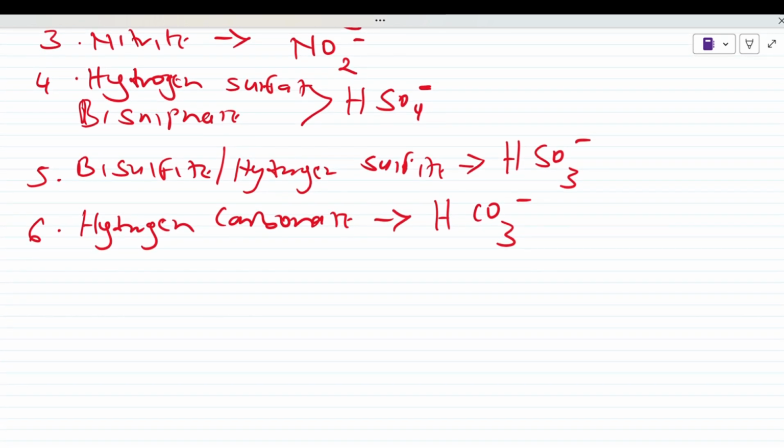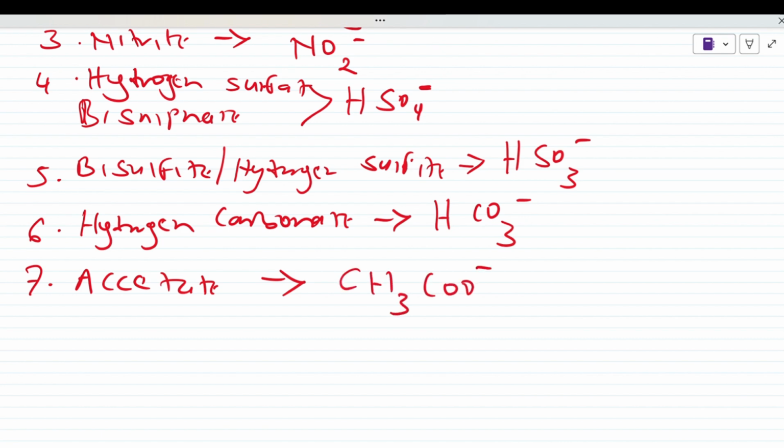Then I can have acetate. Number 7 is acetate. You'll meet this in your advanced chemistry A levels. We will talk about it when we'll be handling organic chemistry. CH3COO minus, that's acetate.